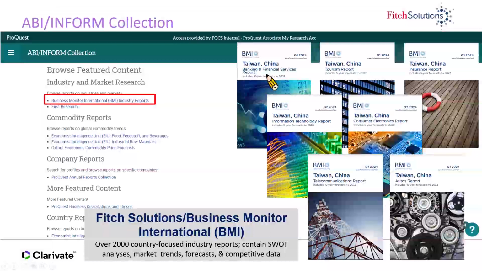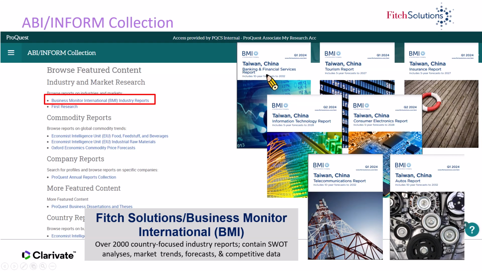So we provide you a lot of so-called industry reports. Next example is from Fitch Solutions, and as you can see on this slide, you can get a lot of industry reports from various countries. Okay, so in this slide I show you from Taiwan.